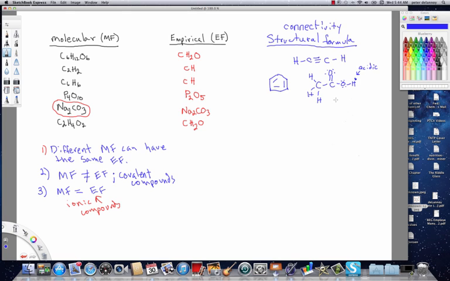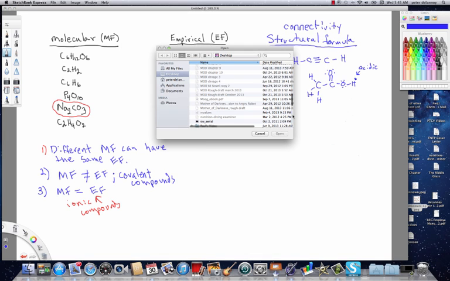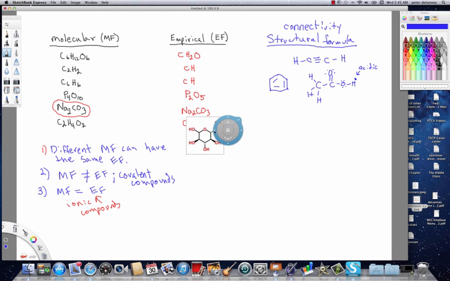All right, and then let's see, where am I at here? Okay, so we have 2 molecules left. And those are complex enough that I'm going to bring these in. This one is glucose.